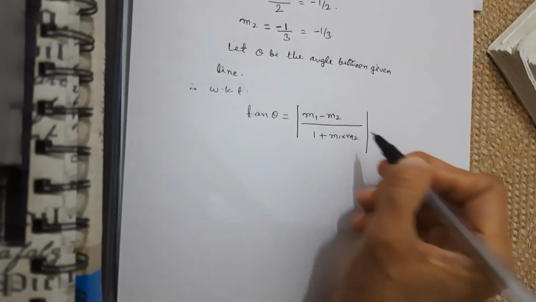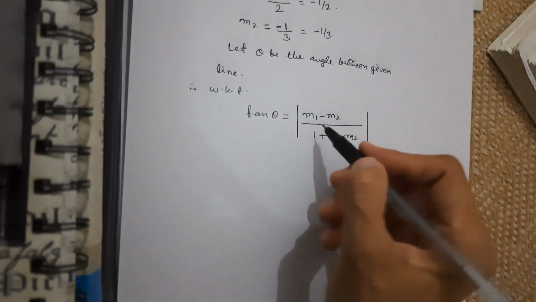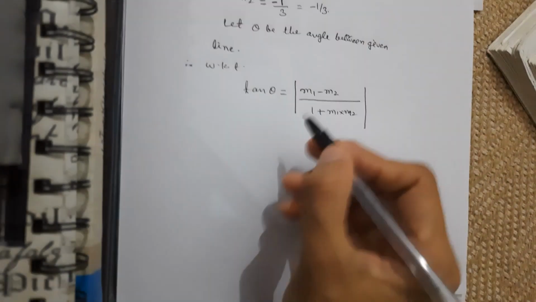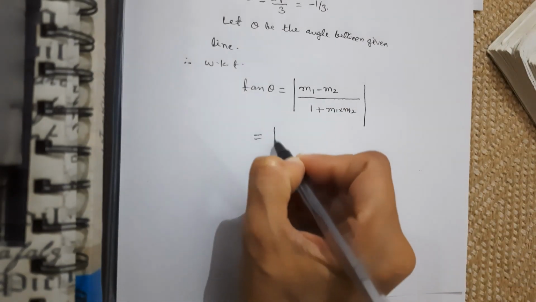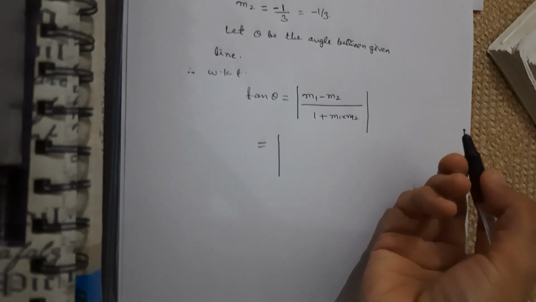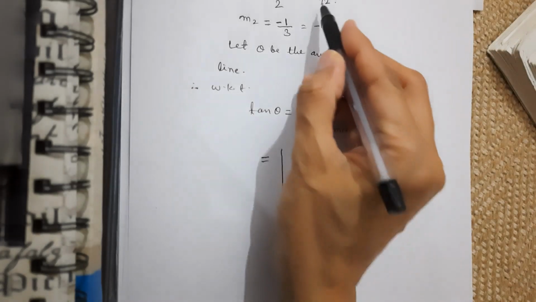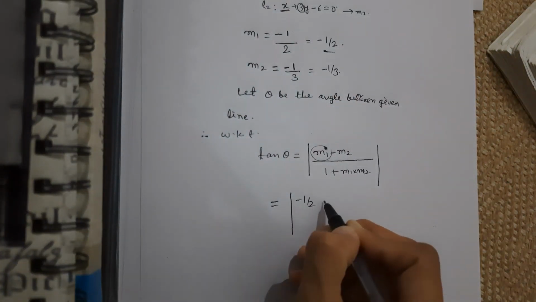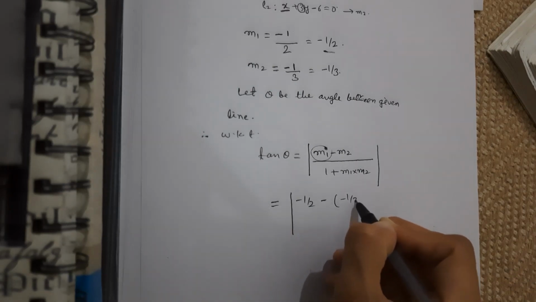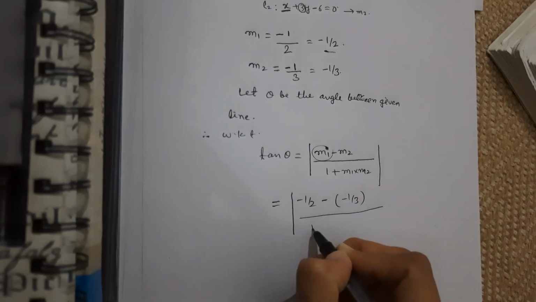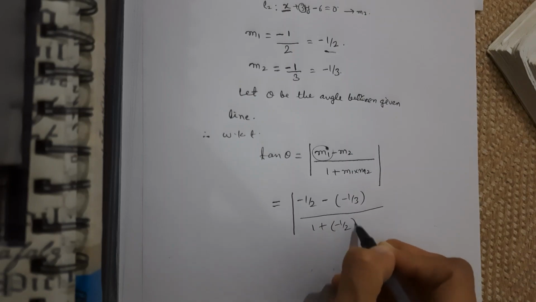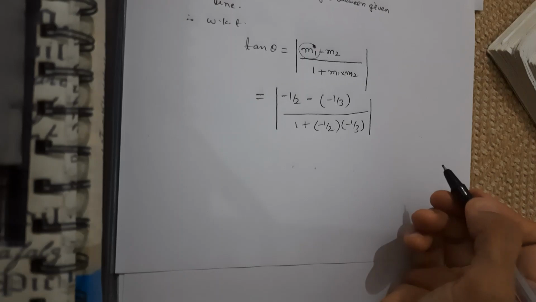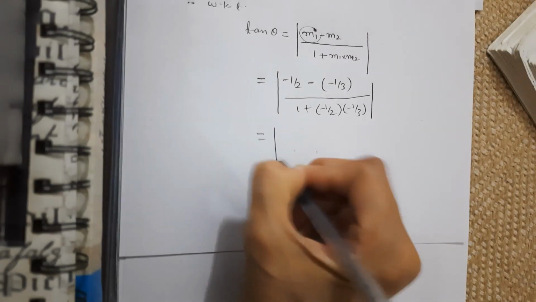This mod means positive value, you are always going to take the positive value. So just substitute the values here. It is not difficult. m1 is minus 1 by 2, so minus 1 by 2 minus 1 by 3 upon 1 plus minus 1 by 2 into minus 1 by 3. Okay, so simplify it.